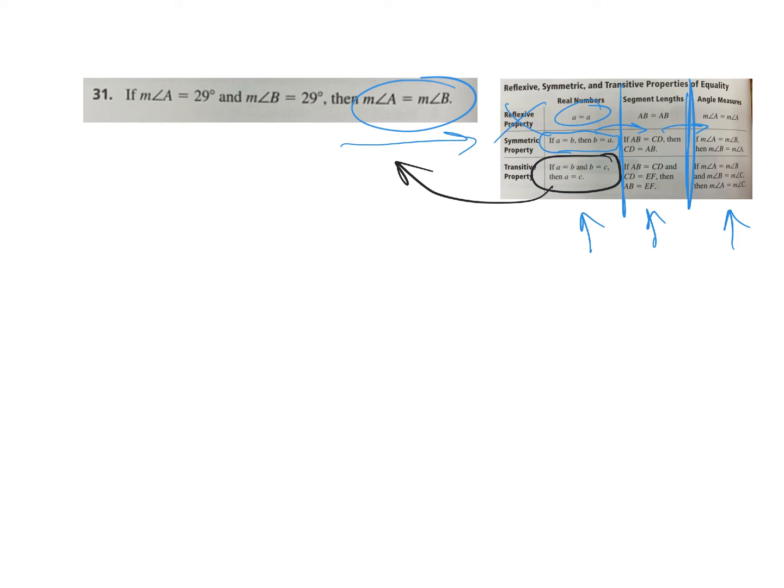All right? And so transitive property is what we see here, except for one thing. You should say transitive property, but what they're going to tell you is that this is the substitution property. Okay? So when we're dealing with numbers, and you start to put something in for something else, that's substitution. And it's a very hard thing to understand which one's which, even though right here it shows almost the exact same thing.